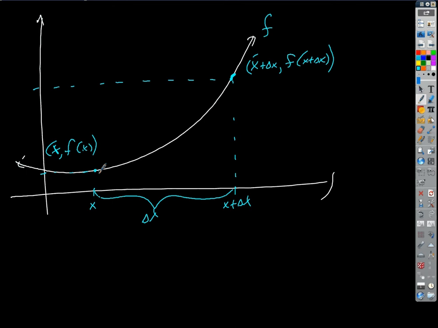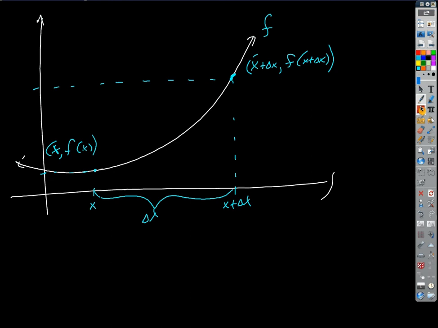The slope of f of X to f of X plus delta X. Okay, but slope is associated with a line, right? What line would I draw that would have the slope that's equal to the average rate of change? Okay, good. So here's the line I might draw then.